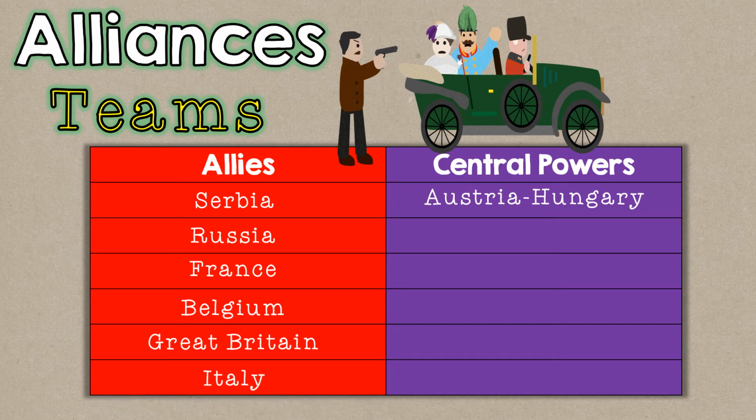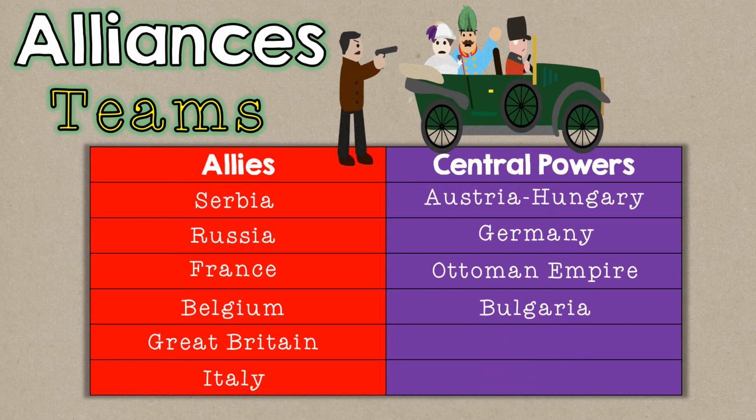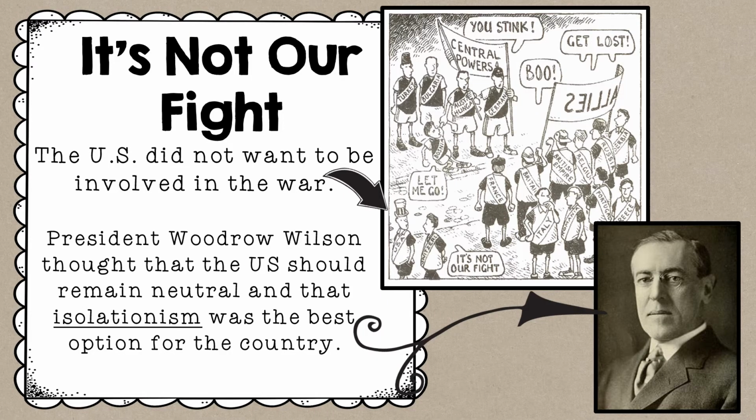So they have a lot of people backing them up. Well, Austria-Hungary saw that the Allies were gaining power and they wanted people to be on their side, so they asked Germany to help, the Ottoman Empire, which is where Turkey is now, and Bulgaria. Those were the countries that were fighting against each other at this point.